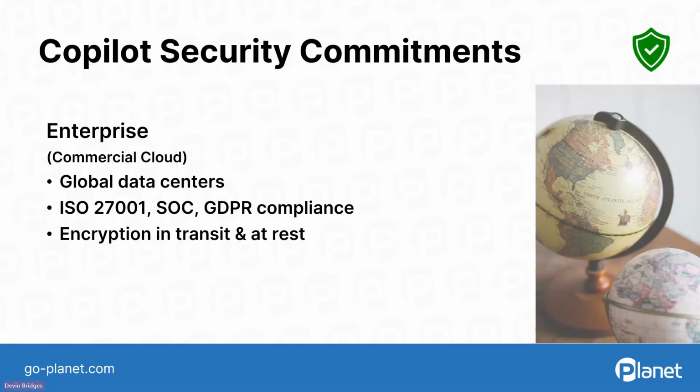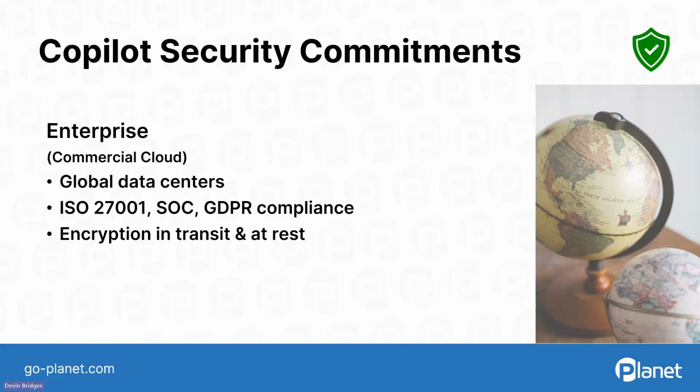Next, you'll notice the compliance alphabet soup here up on the side. That would be ISO 27001, SOC, GDPR, and these are widely recognized independent security and privacy standards. Microsoft 365, and therefore Copilot in the commercial cloud, is built to meet these requirements. That means things like strong information security management controls.